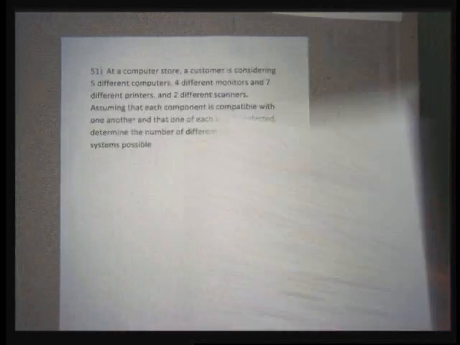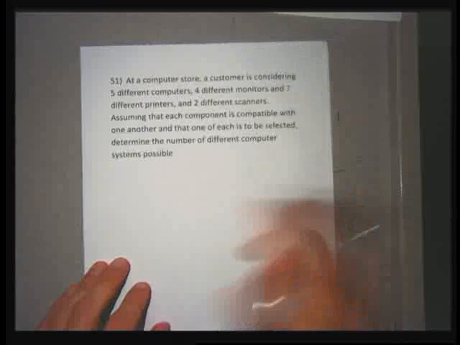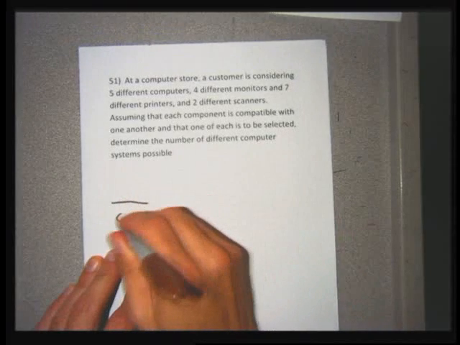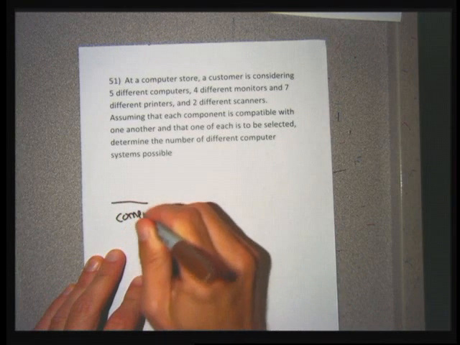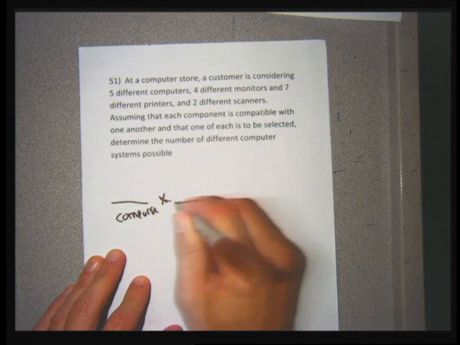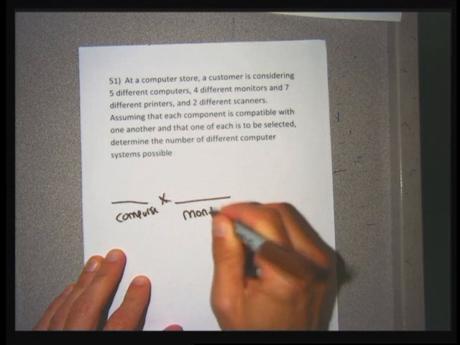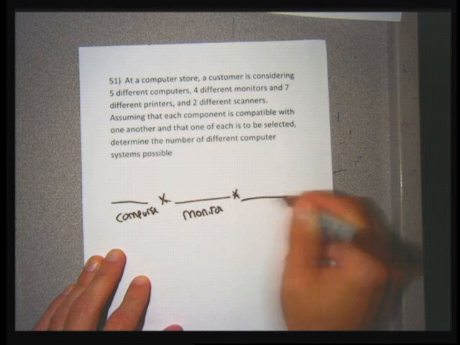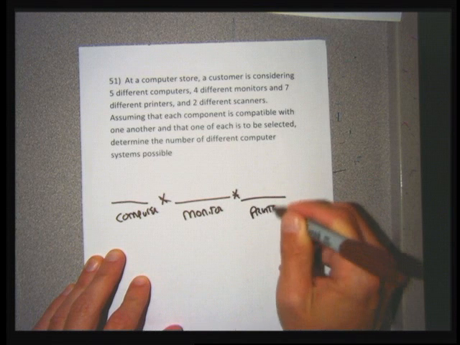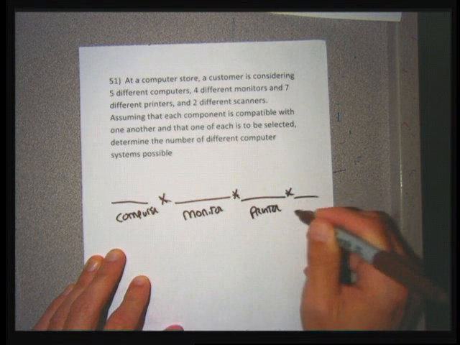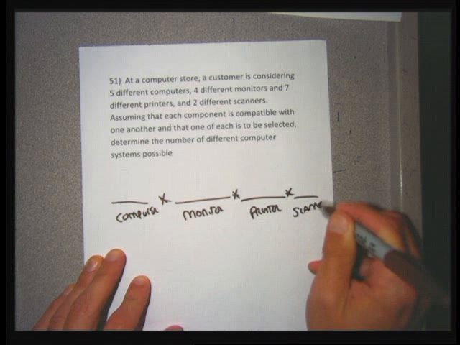Last problem is 51. It talks about a person going to a computer store, buying a separate computer, a monitor, a printer, which we've done something like this earlier when we made sample spaces, and a scanner.